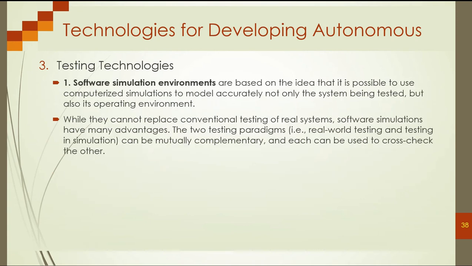So how can we test it? We can develop a simulation. Here in our project, we will develop a software simulation. You can also develop a hardware simulation. For example, you design a self-driving car.